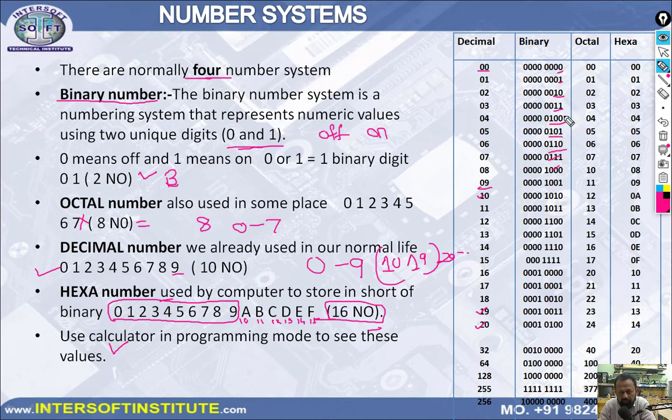In octal, 0 plus 1 is 1, then 2, 3, 4, 5, 6, 7, and 7 plus 1 counts as 10, 11, and 8 or 9 will not be there. It will count 10, 11, 12, 13 like that.